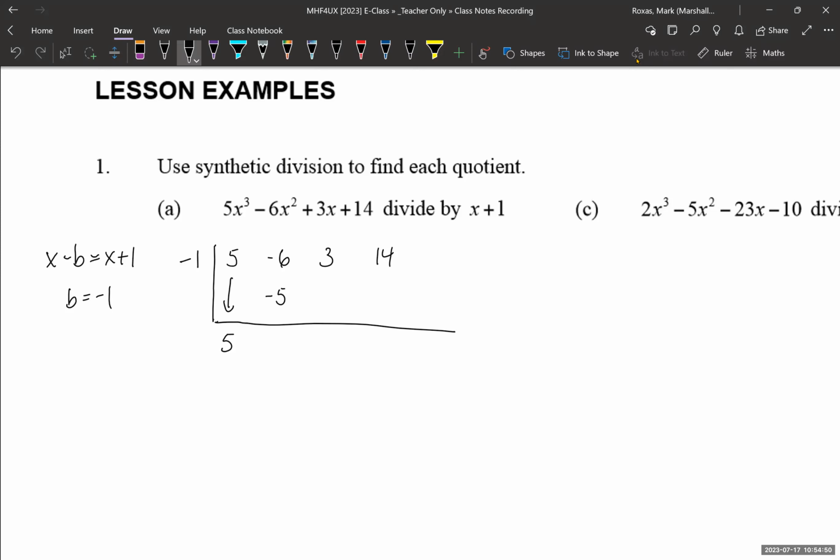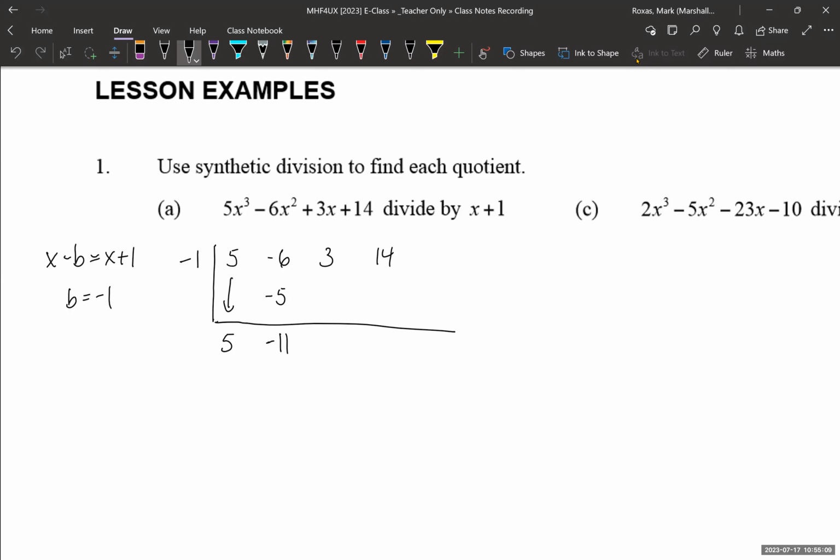And instead of subtracting, like I said in the instructions, your textbook will subtract. And your textbook, first of all, will use a +1 instead of a -1. So if you're going to use a -1 here, we're going to do an addition instead of a subtraction. So -6 plus -5 is -11.